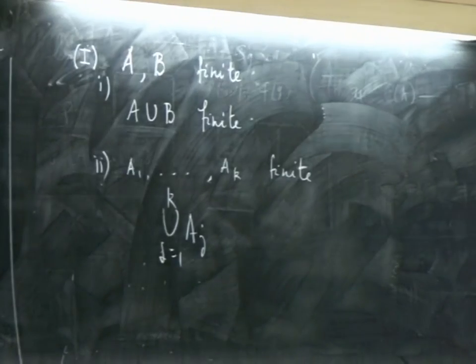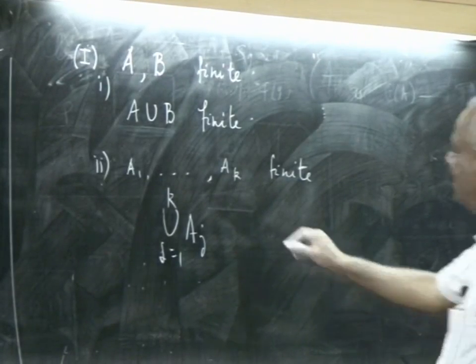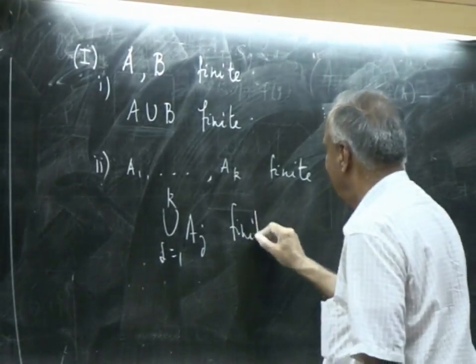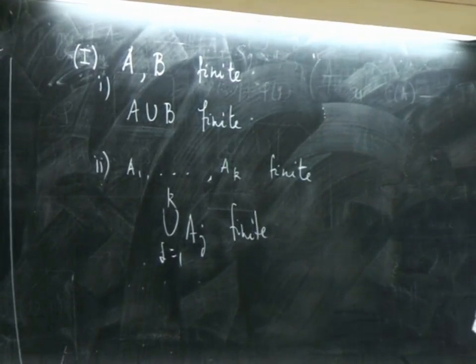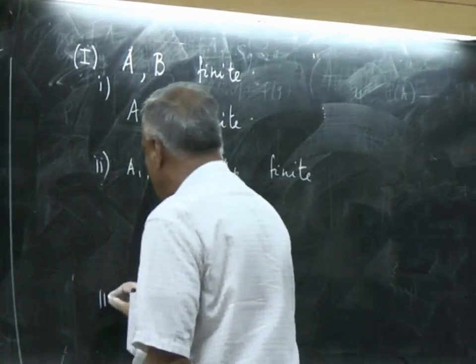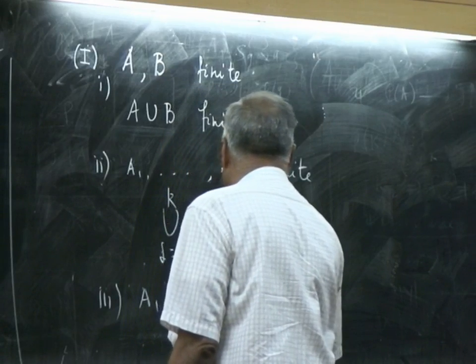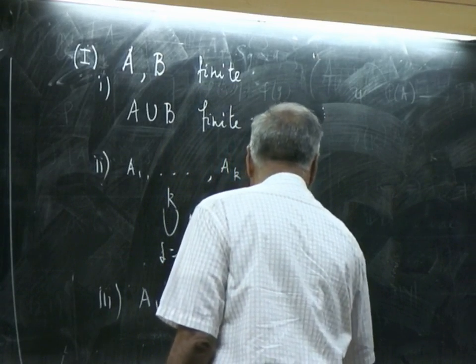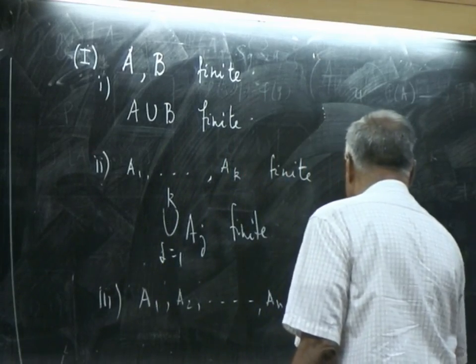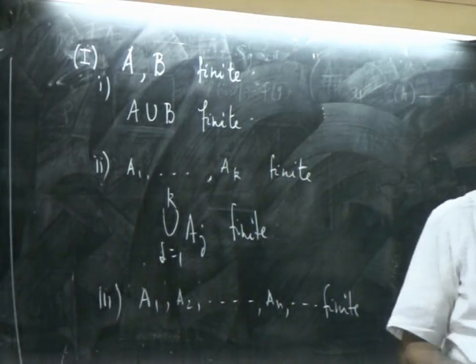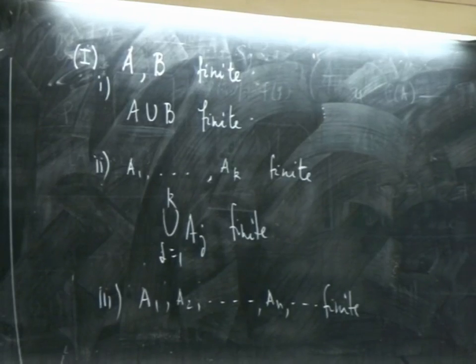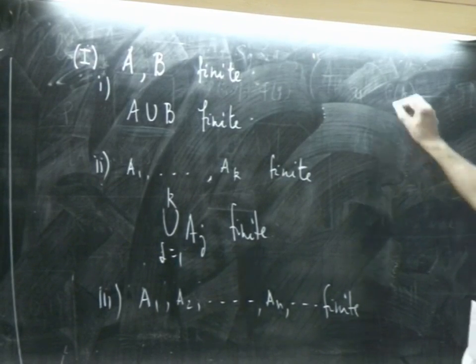Yes, it again will be finite. Now suppose I have a countably infinite number of finite sets. Countably infinite means it can be arranged in a sequence. So I have a sequence of finite sets. What can I say about the union?